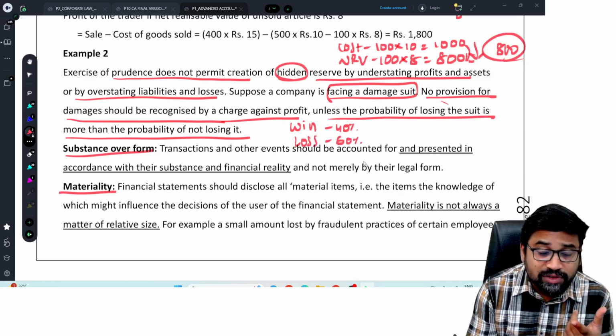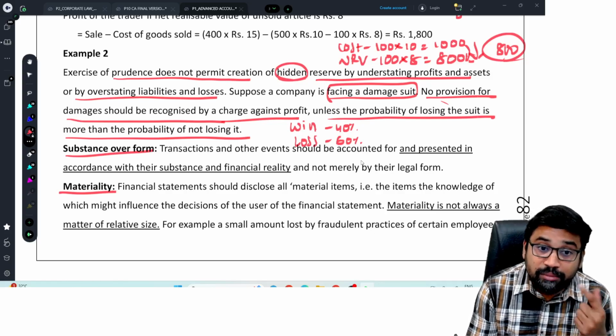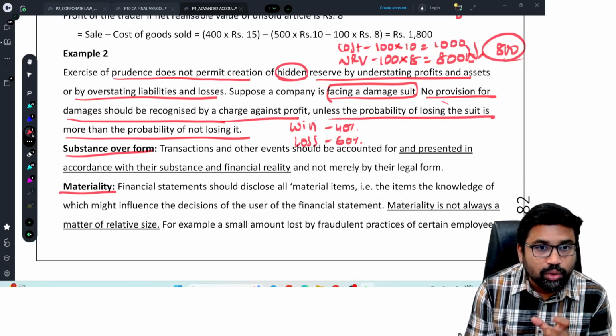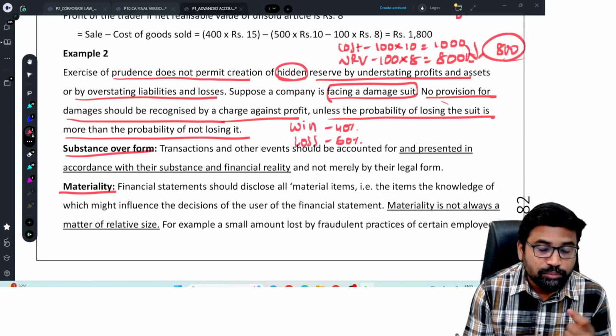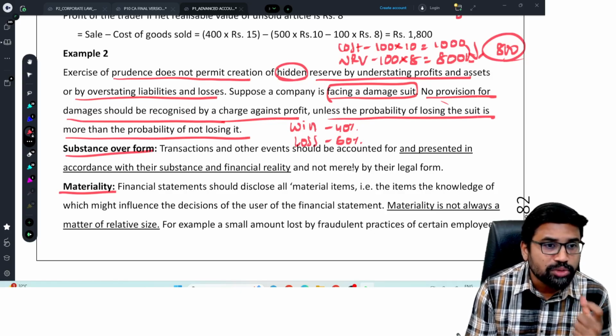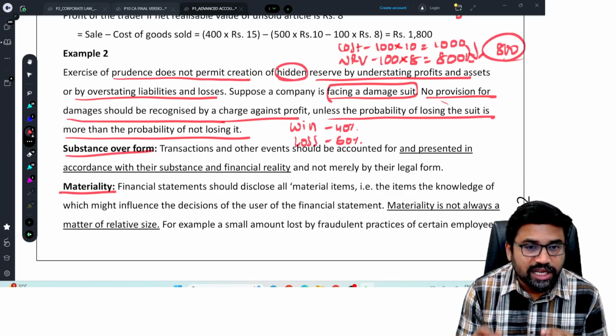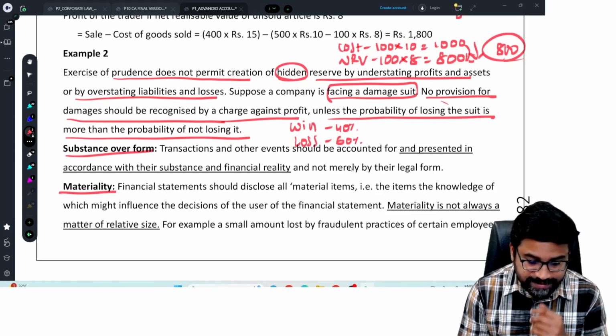Therefore, the probability of losing is more than the probability of winning, so you can anticipate the loss there. You can create a provision. So this is example number 2, a case pending in the court. In that case, can I recognize a provision? That depends upon the probability. Probability of losing should be more than probability of winning. So this is the first criteria for selecting an accounting policy, that is prudence.